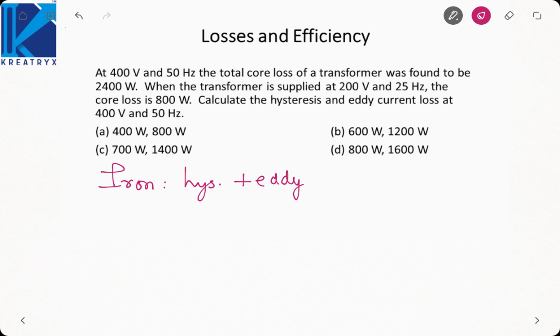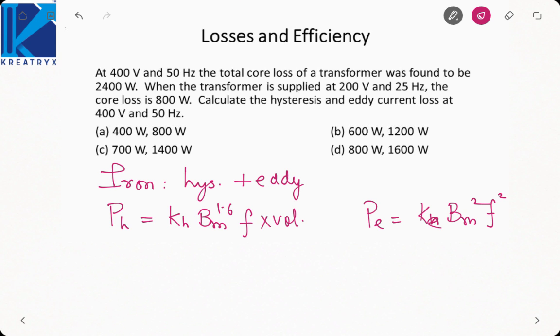Now hysteresis loss is equal to Kh Bm to the power 1.6 F into volume, whereas the eddy current loss is Ke Bm square F square. Now this F is basically frequency, Bm is the maximum value of magnetic flux density.